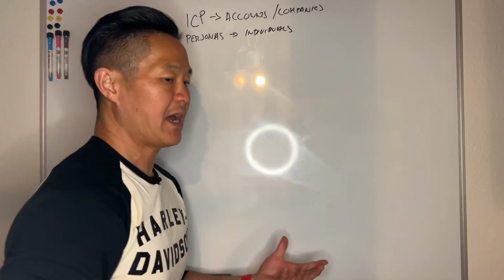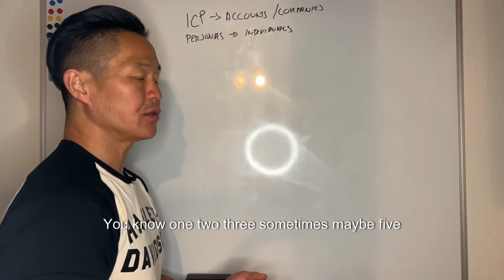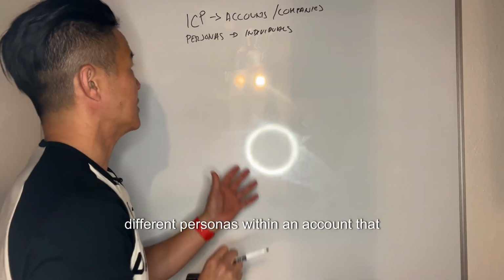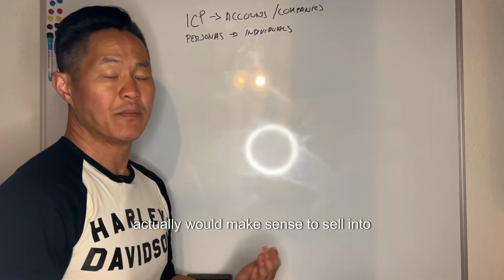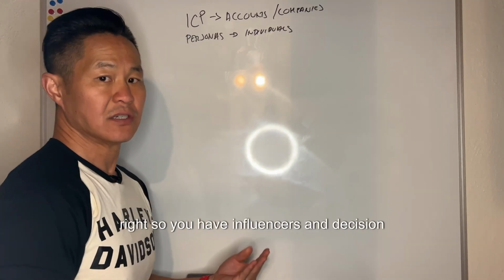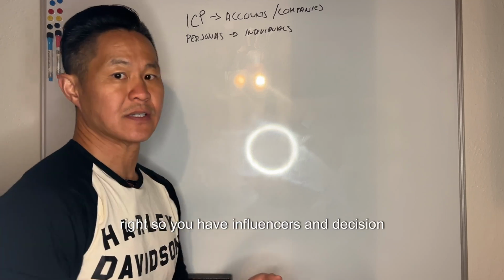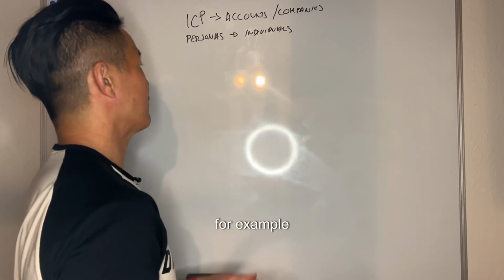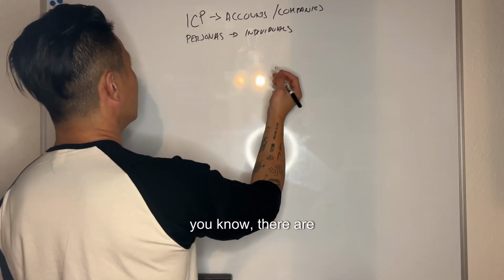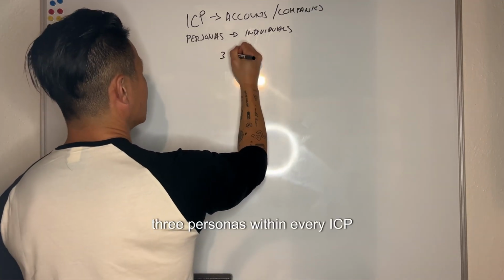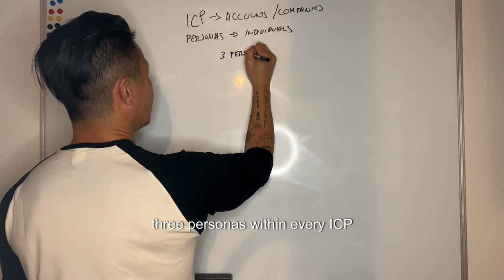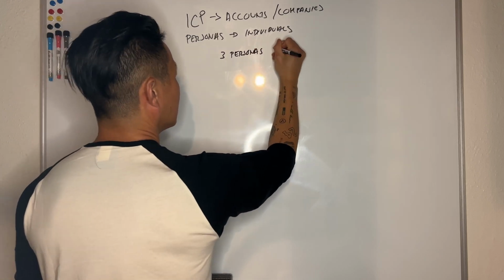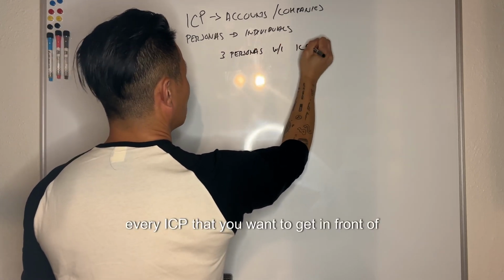So you can ultimately have one, two, three, sometimes maybe five different personas within an account that actually would make sense to sell into, right? So you have influencers and decision makers, end users, etc. We won't get into all that, but let's just say, for example, there are three personas within every ICP that you want to get in front of, right?